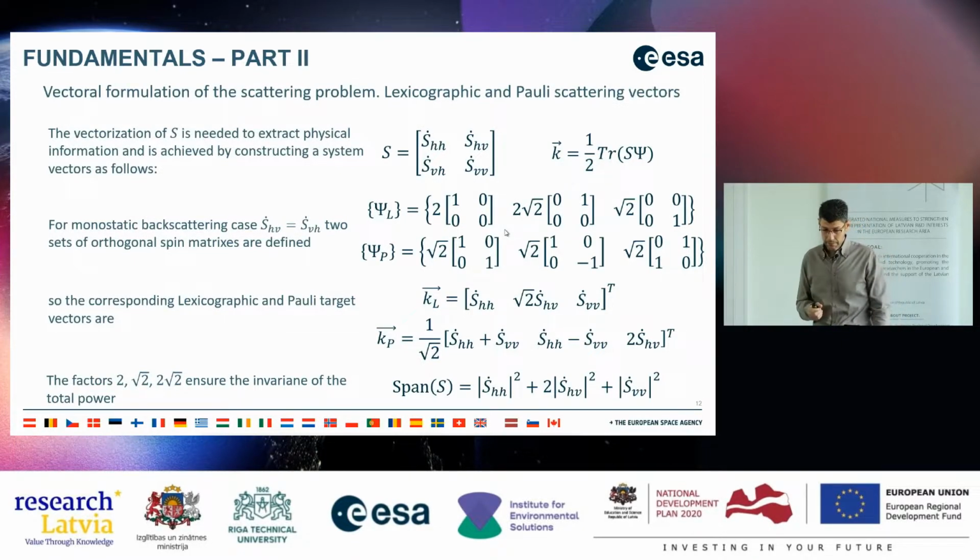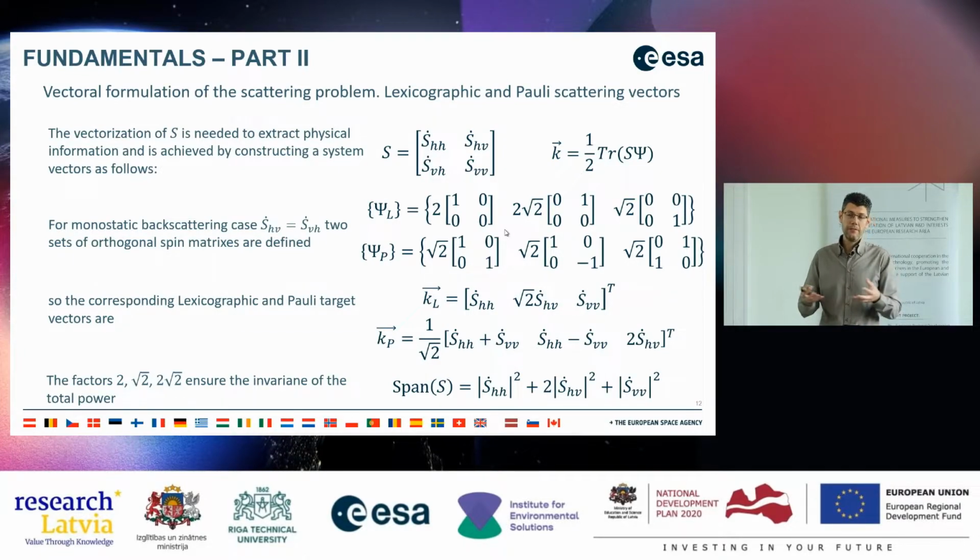Okay, some other basic information that we will use. So usually to retrieve the geophysical information, the scattering matrix is useful for point target, but not useful for distributed target.